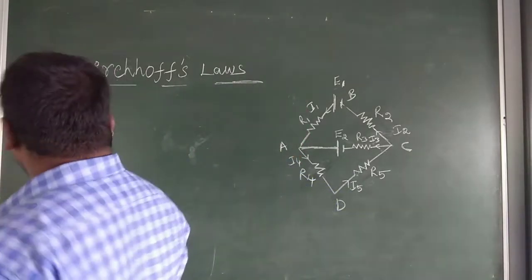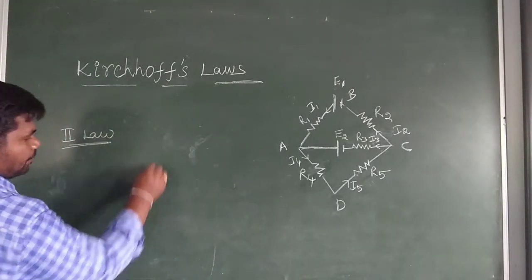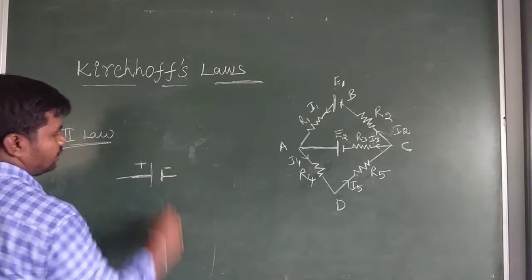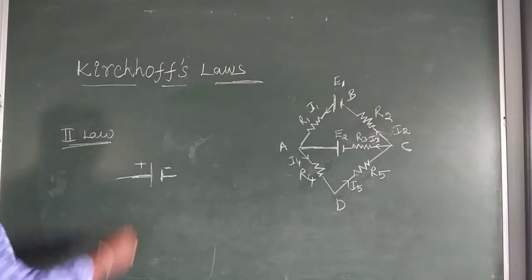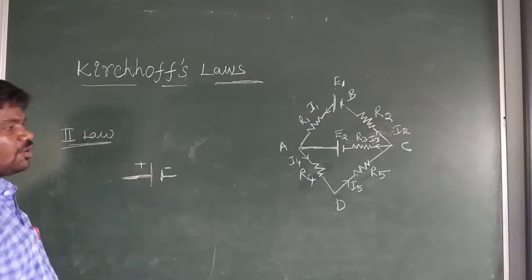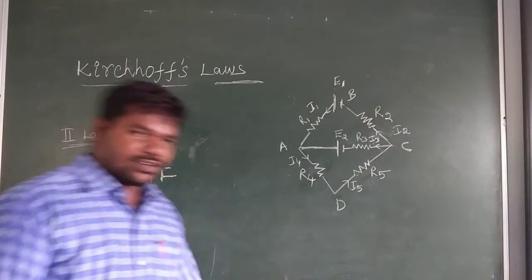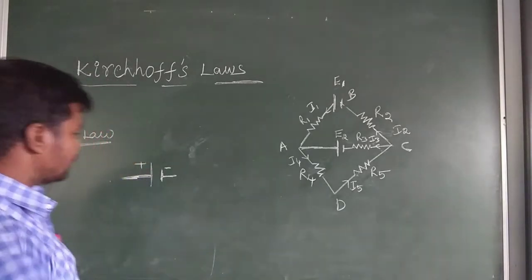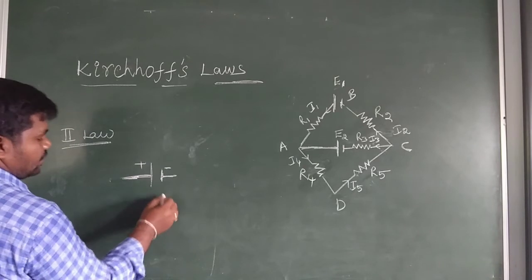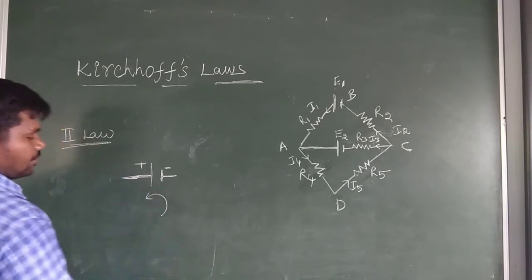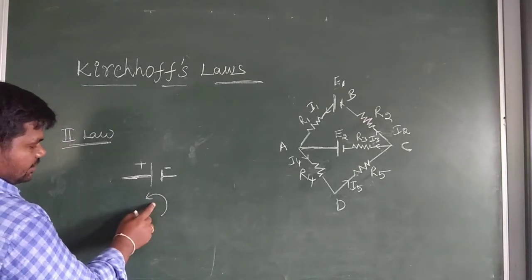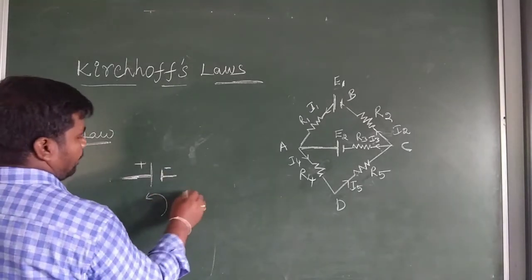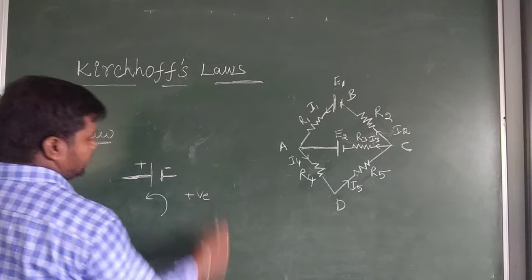Here there are some sign conventions. Consider a battery with positive and negative terminals. Suppose we have to measure an unknown EMF, resistance or current. We have to take one direction, clockwise or anti-clockwise. Suppose I take the anti-clockwise direction. Here the direction is towards the positive terminal, so we take a positive value.